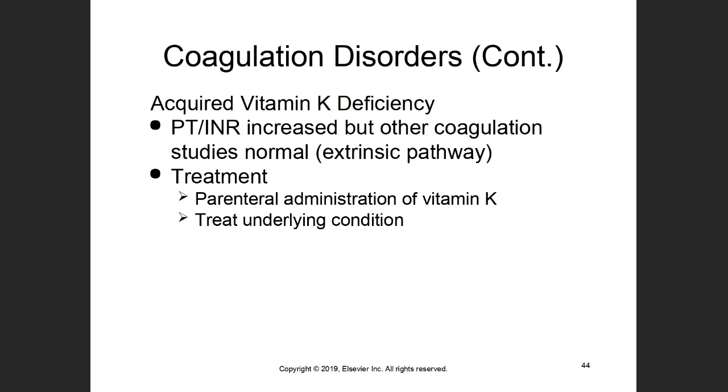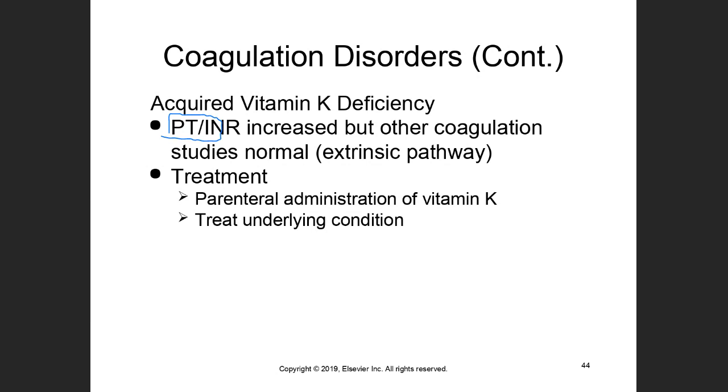Acquired vitamin K deficiency increases PT, especially PT, due to the factors that are involved with vitamin K. They prolong, they increase PT and PTT. But normally we only measure PT. Why?